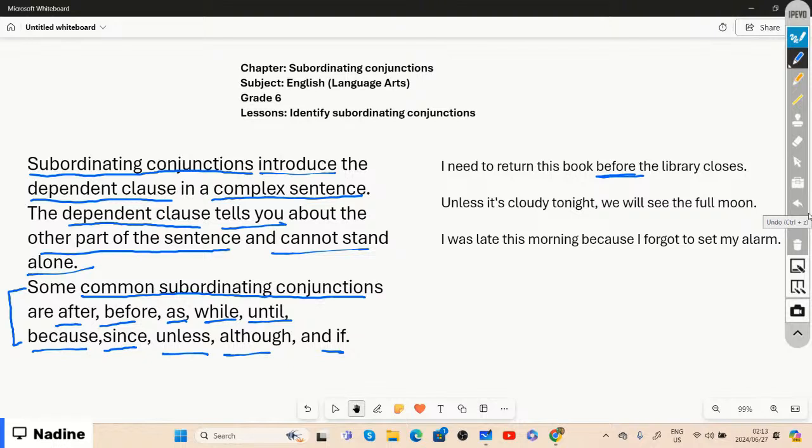All right, so our subordinating conjunction would then be unless, right? And it tells us about the other part of the sentence.